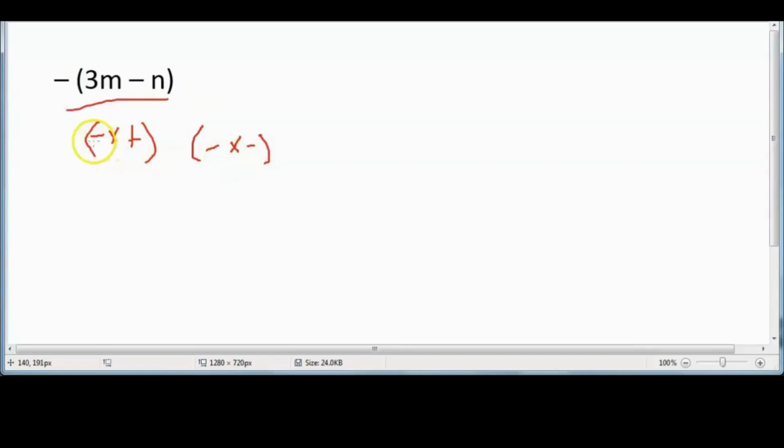The negative outside the bracket is multiplied by the positive sign of the 3m, then the negative sign outside the bracket is multiplied by the negative sign of the n. So we end up with −3m plus n. That clinches it.